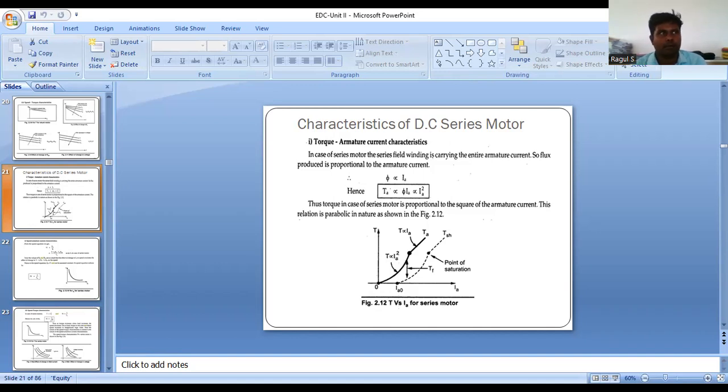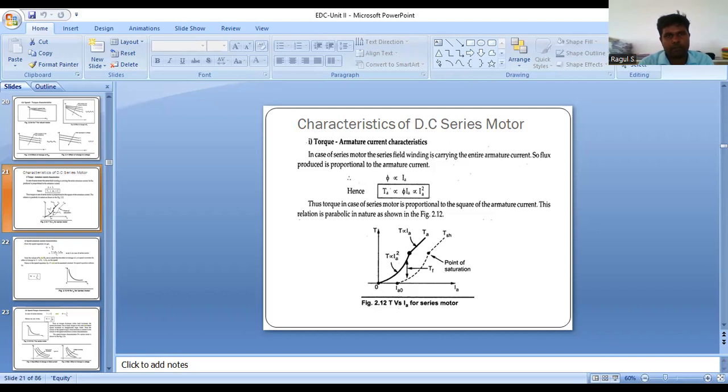The compound motor has long shunt and short shunt, which are further split into cumulative and differential. Out of these different types, we are now focusing only on the characteristics of the DC series motor.